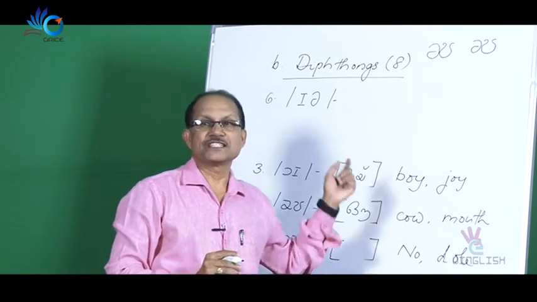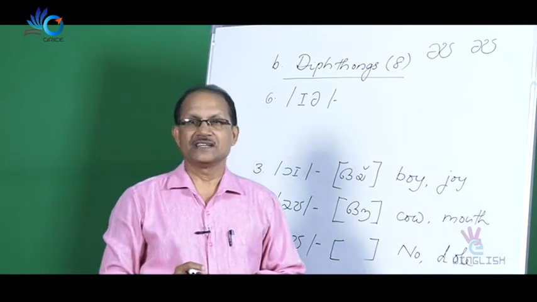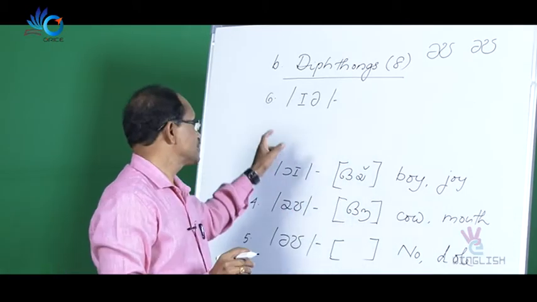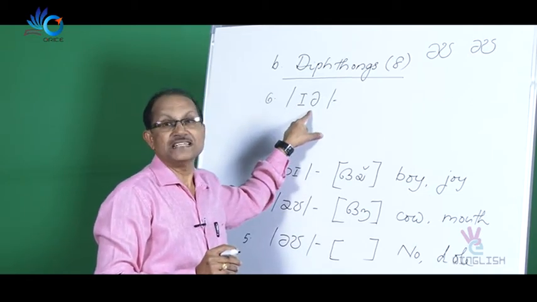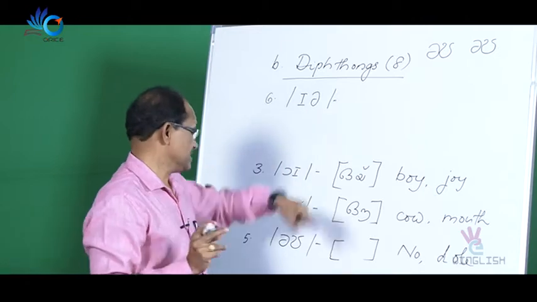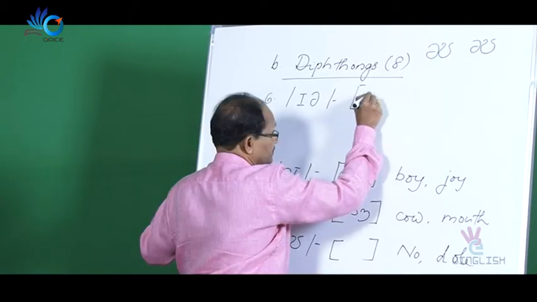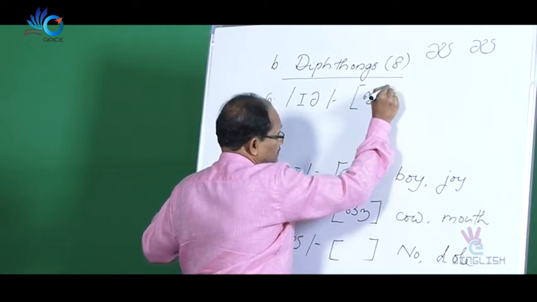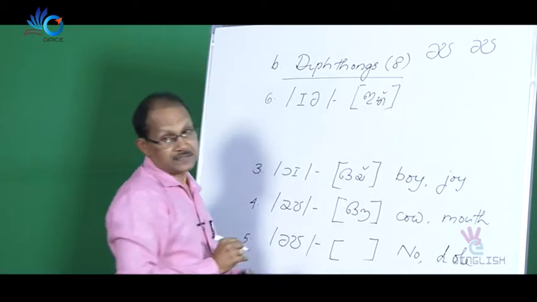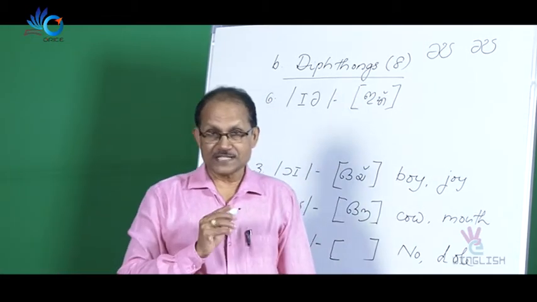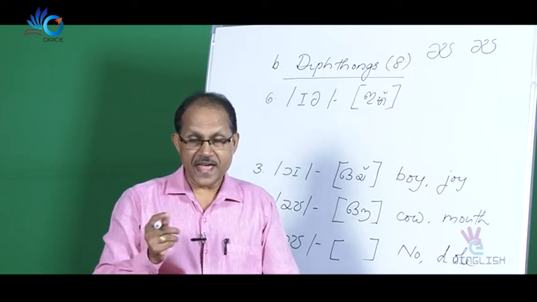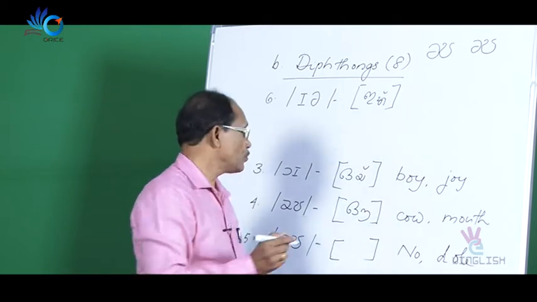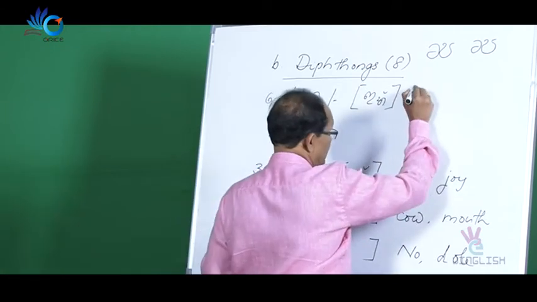And what is the sound? Can you give the sound? This is the symbol for short I and this is half ear sound. So, ear. One or two words? Here, H-E-R-E or H-E-A-R, here.